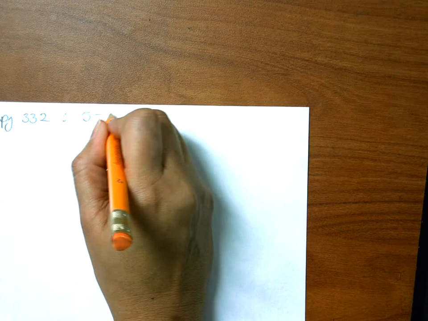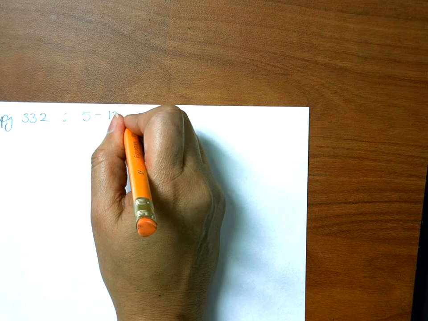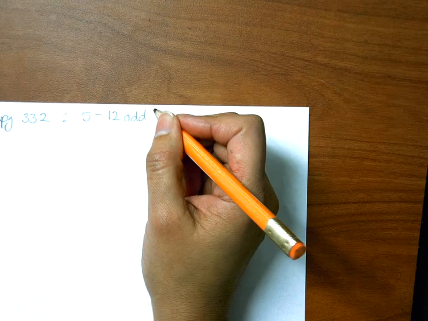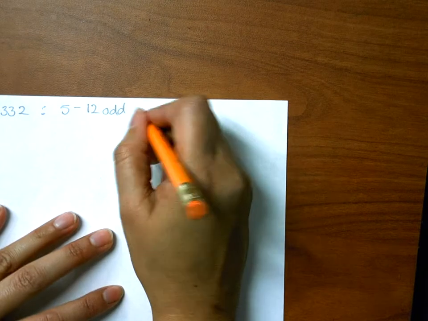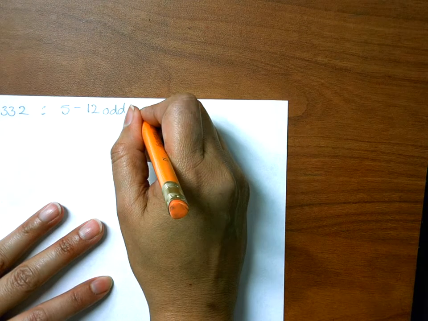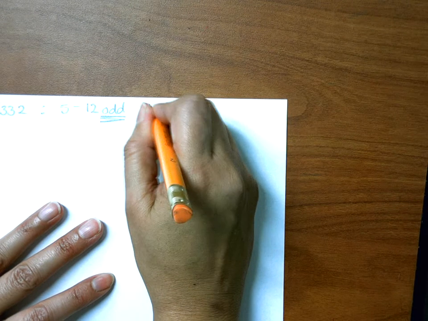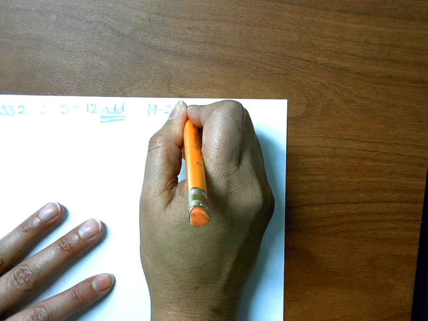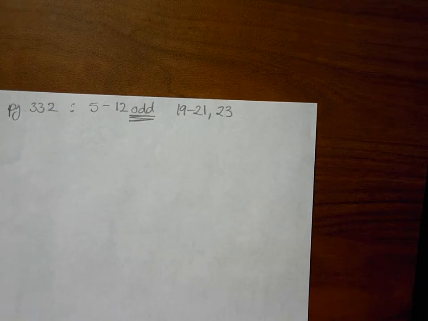I'm going to change that part. 5 through 12 odd, so 5 through 11 odd. And then what else? 19 through 21 and 23? Yeah. All right, so what's the only change I'm making? Odd. Please make that change.